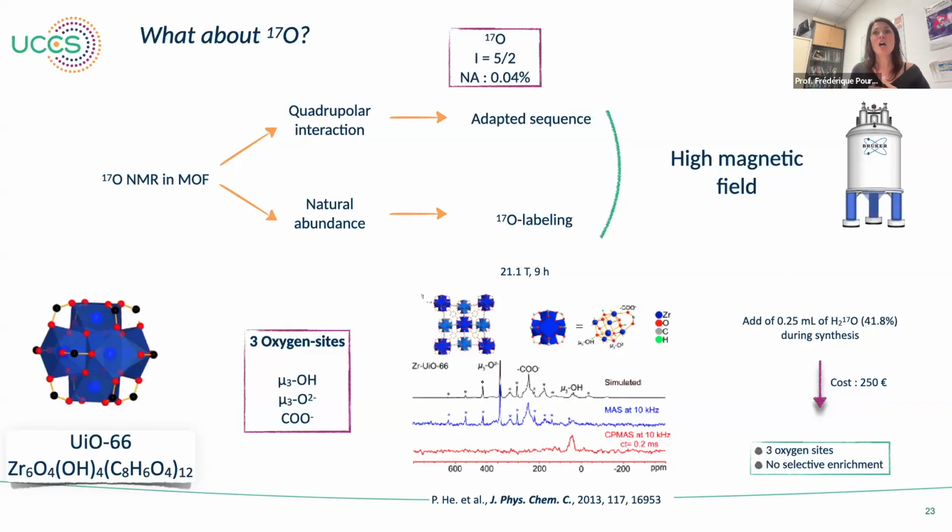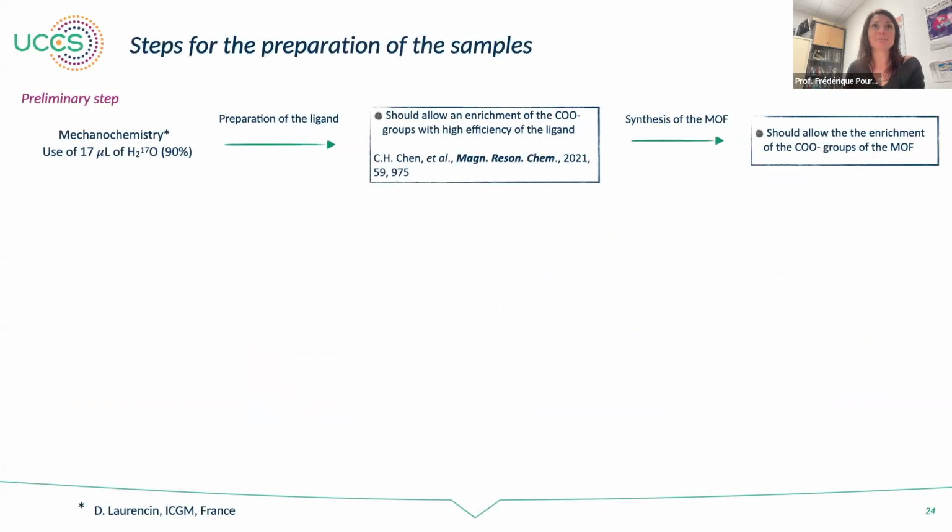And what we can see is that they enriched the 3 oxygen sites, and so there is no selective labeling. And what we will do is reduce the cost and do the selective labeling.